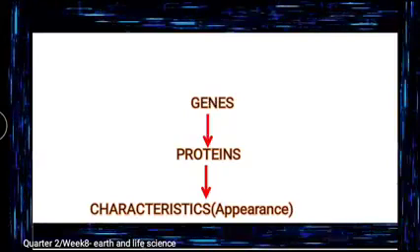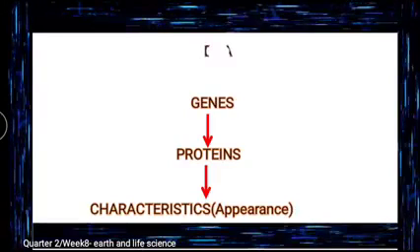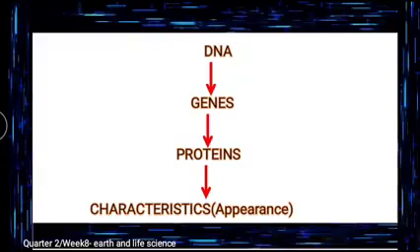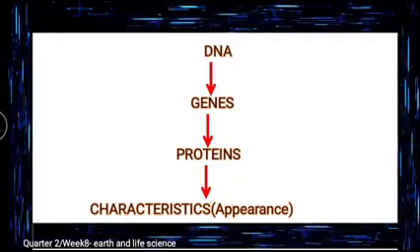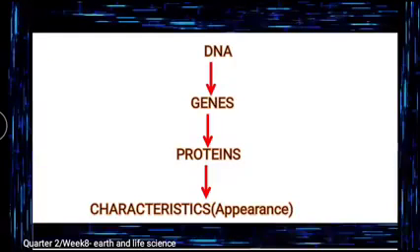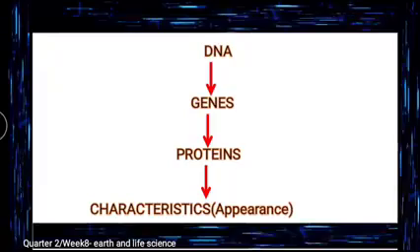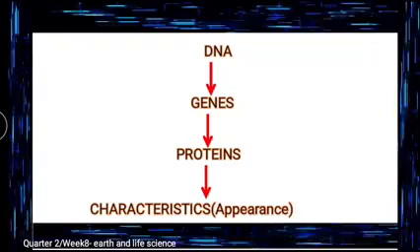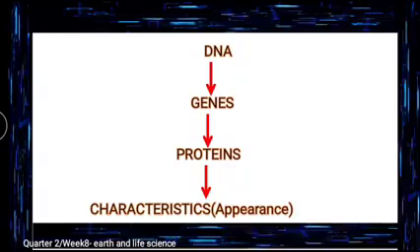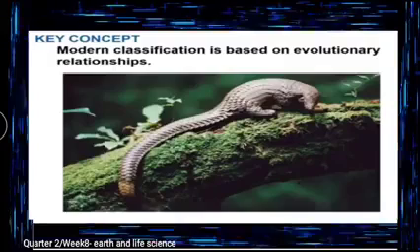And the genes are found in the DNA. So organisms that look similar or have similar characteristics have similar DNA, and that is the key to determining evolutionary relationship.